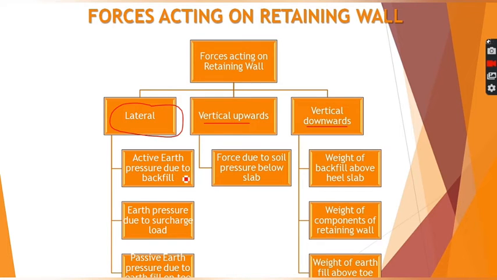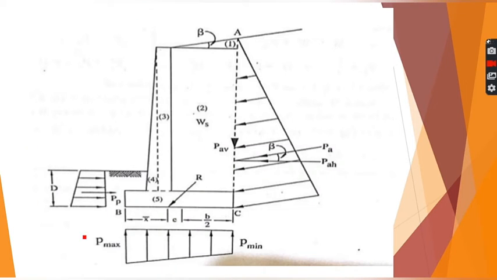due to the earth pressure acting due to the backfill on the retaining wall, earth pressure due to the surcharge load, and passive earth pressure due to the earth fill on the toe slab. Here, as you can see in this diagram, this is a cantilever retaining wall acted upon by this active lateral earth pressure, inclined.